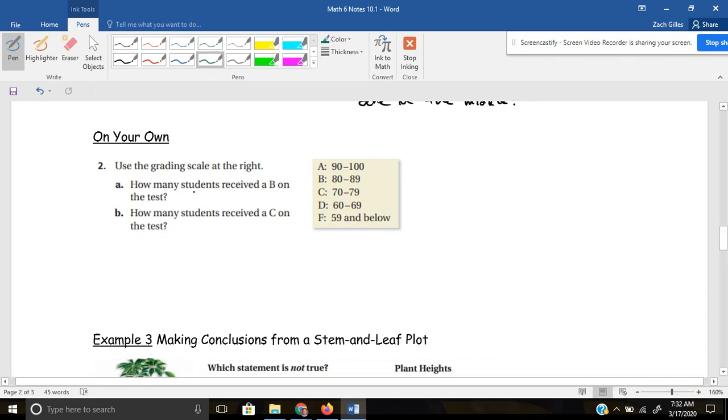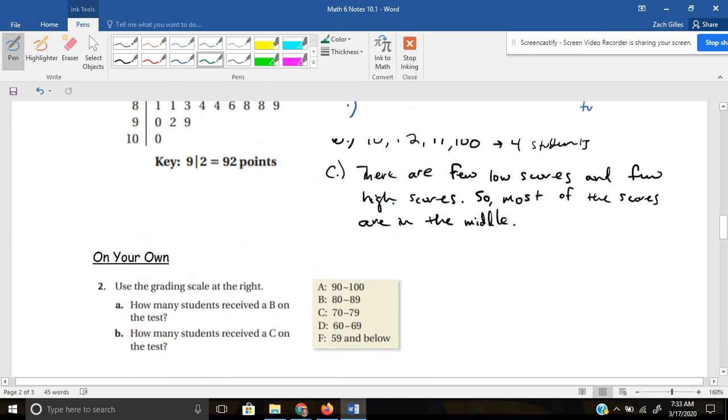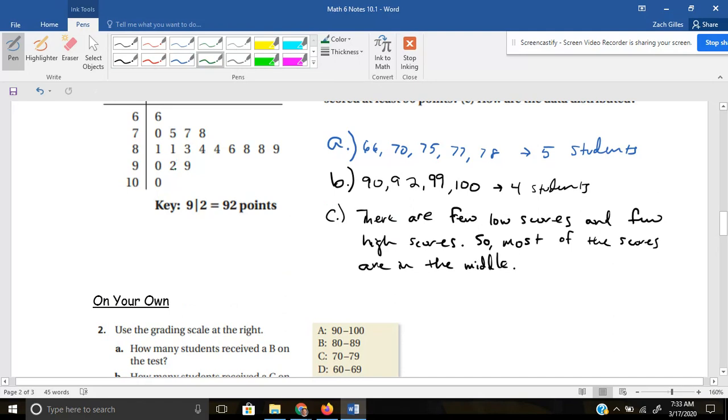Letter A says, how many students received a B on a test? Okay. So we're using this from 80 to 89 is a B. So go back up and look and see how many are from 80 to 89. 1, 2, 3, 4, 5, 6, 7, 8, 9.